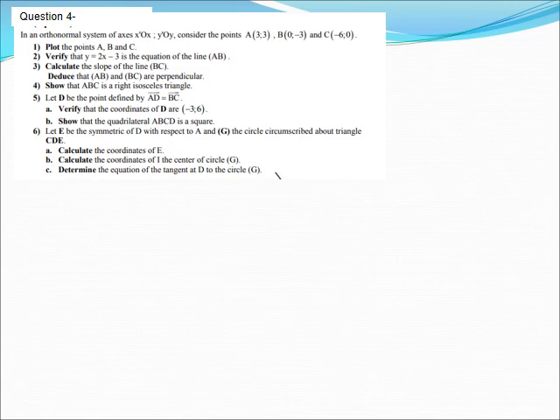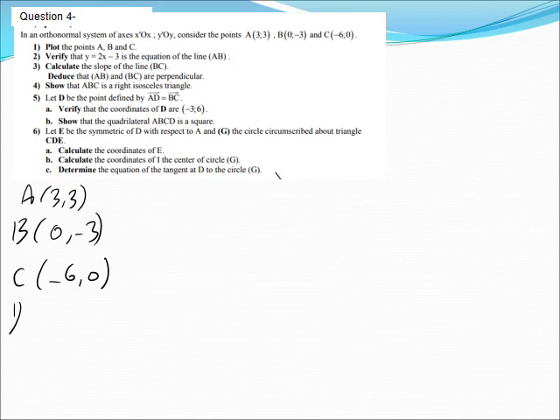Question 4. In an orthonormal system of axes x prime o x, y prime o y, consider the points A (3, 3), B (0, -3), C (-6, 0). First, number 1.